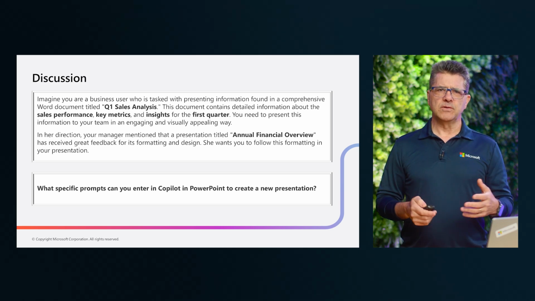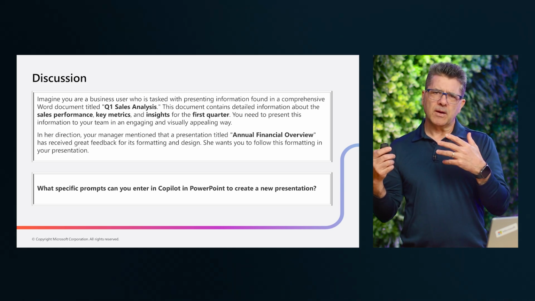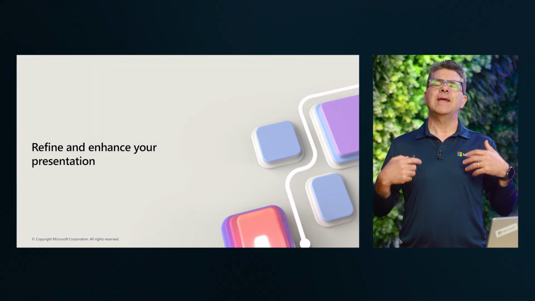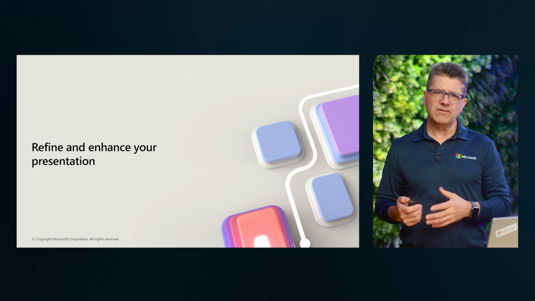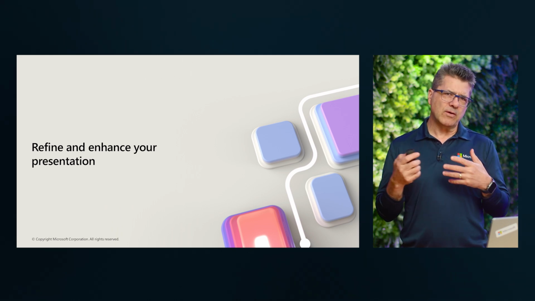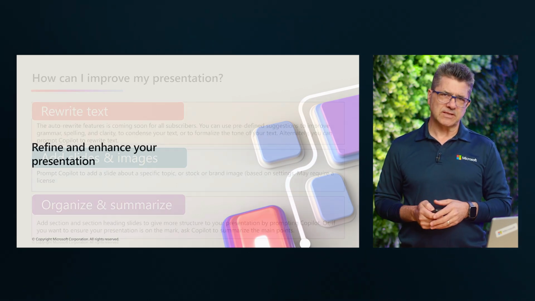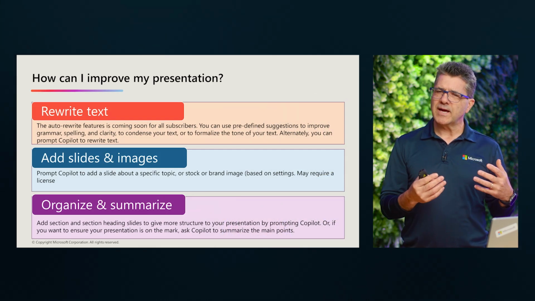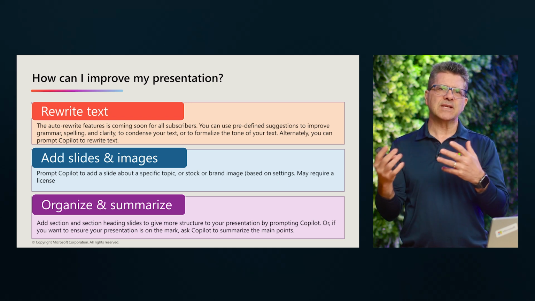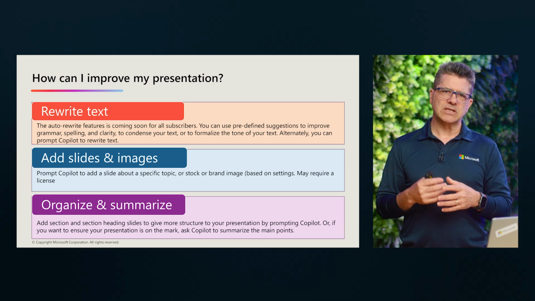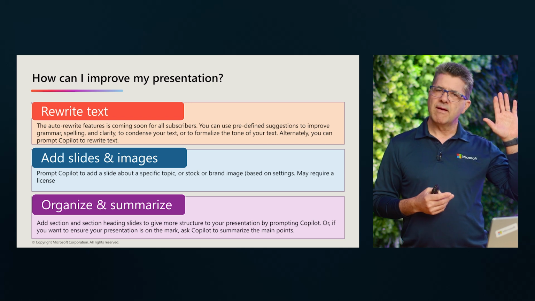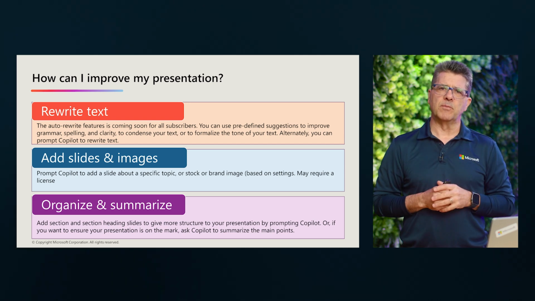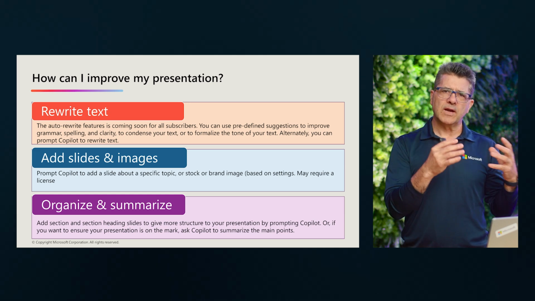Now, once I have this creation process done, one of the things that I can do is enhance my presentation even more. So, how do I refine and enhance my presentation? Well, again, I can use Copilot for that. I can rewrite the text. I can select specific text on my presentation, or I can say, based on this slide, create another slide, or insert another slide, number 4, for example, for this content.